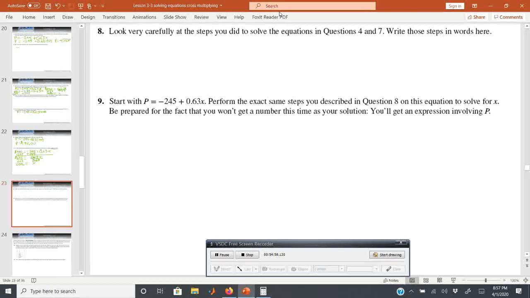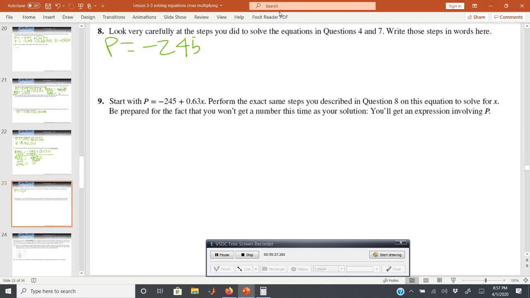Since all of the actual calculations were on that side of the equation, we had P equals negative 245 plus 0.63x. We just rewrote the equation with the number of snow cones in place of x, and then we did the calculations to find P.